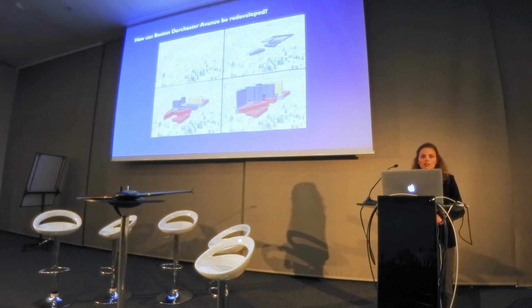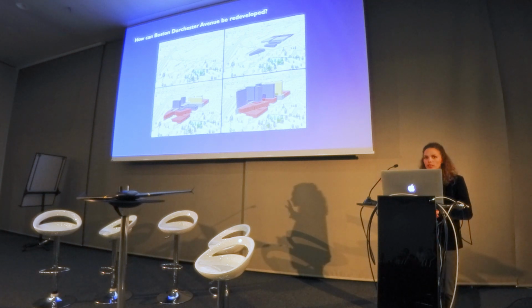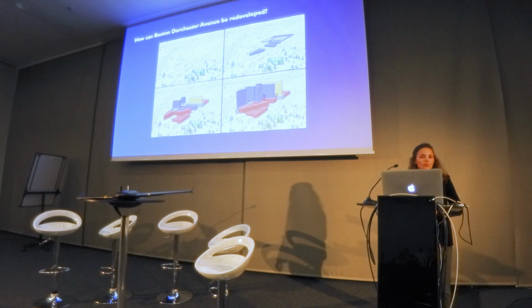So now, let's imagine we're urban planners and we have to redevelop a city area, like, for instance, Boston-Dorchester Avenue. We could design many different scenarios for this exact same area. Each scenario will differ from the others. Each scenario will have a different goal in terms of quantitative outcomes.